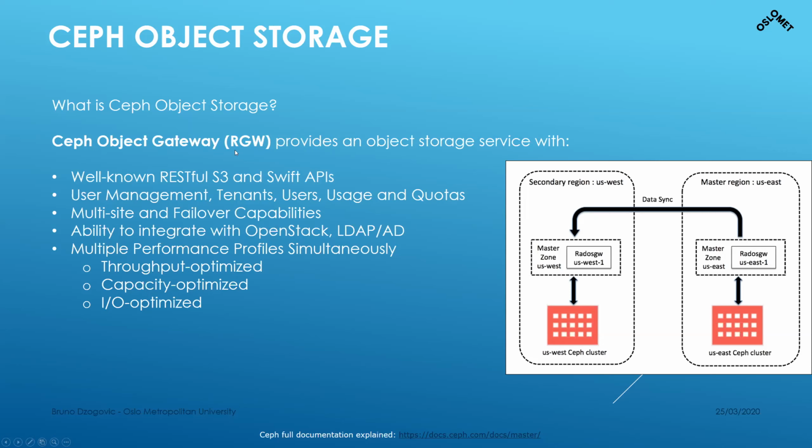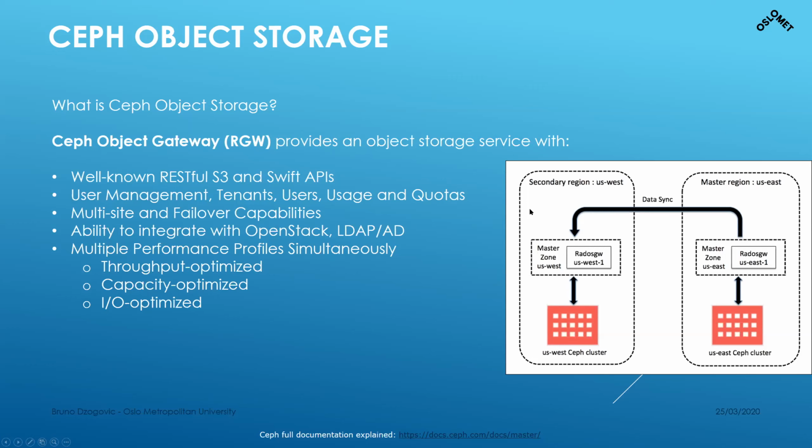This RADOS gateway provides object storage with RESTful APIs. So you can use either RESTful S3 or Swift, which is specifically designed for OpenStack. And this can work either on top of bare metal, VMs, or containers. The RADOS gateway makes sure that the data is synchronized between locations in the cloud.